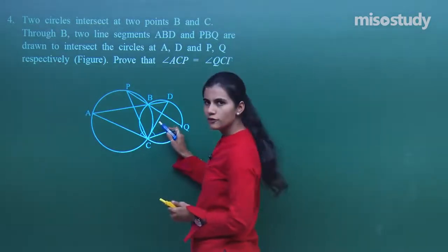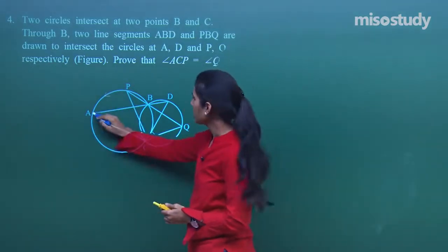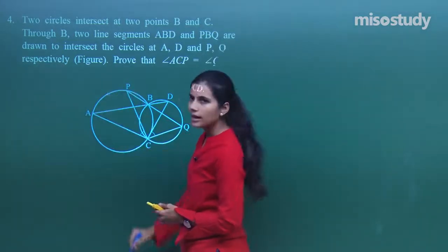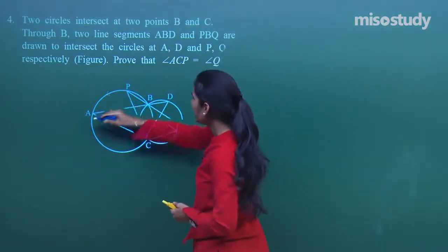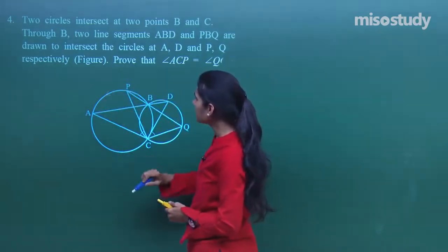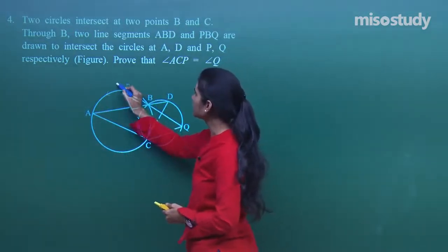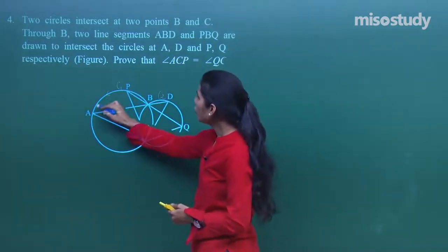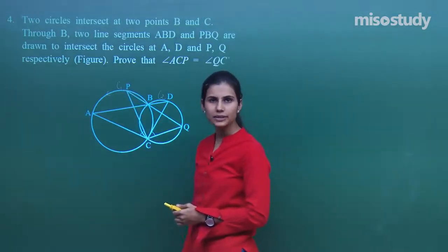Focus upon this chord, the PA chord. Let me not draw the chord, just consider this PA arc. PA arc is subtending angle ACP and angle ABP, right? Angle ACP is subtended by the PA arc and angle ABP is subtended by the PA arc on this first circle, which is say circle 1, and say this is circle 2. So obviously both these angles are on the same segment, same side of the segment I should say.